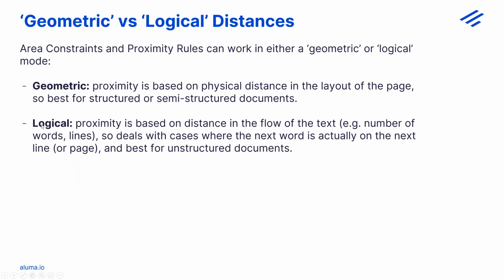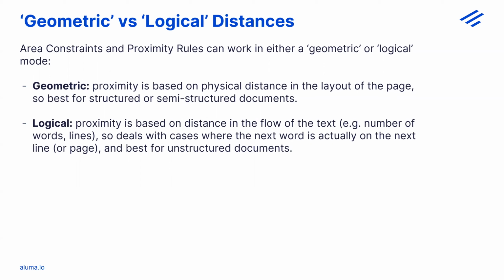And that's well worth knowing, because if you are dealing with unstructured documents, such as legal documents or correspondence or things like that, then this is the right one to use. It's very powerful because, for example, if you say something needs to be within 3 words, they could actually be on different pages because the text may flow from one page to the next, but it'll deal with that seamlessly.